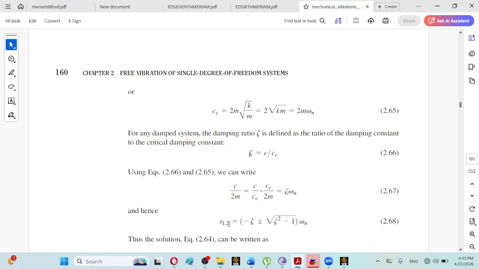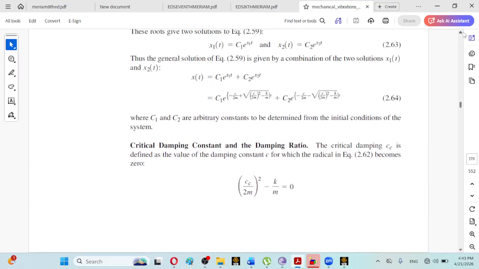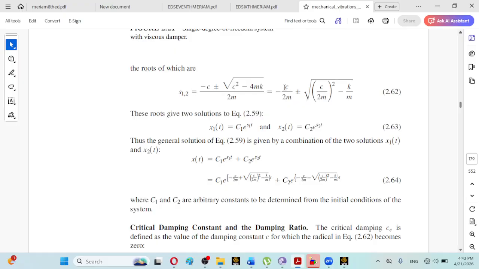So here we can observe that the roots s1, s2, remember again equation 2.62 has been modified. So in this equation we will be putting the values of C by 2m, minus damping factor into omega n, and here again minus damping factor into omega n, and K by m, as we are familiar, this is omega n square, the square root of natural or circular frequency omega n.